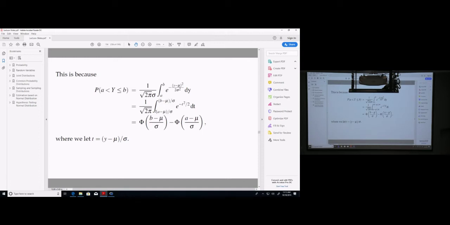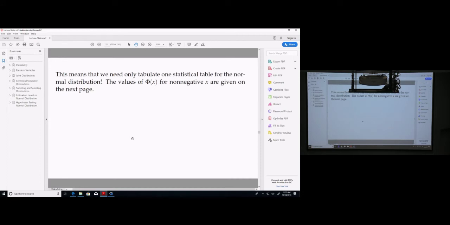This is the mathematical proof, just by a change of variable, and the change of variable is spelled out here. I think you are not interested in this, but this is the conclusion: we need only tabulate one statistical table for the normal distribution, and this can be done now on just one page, rather than a whole book for different mu and different sigma.